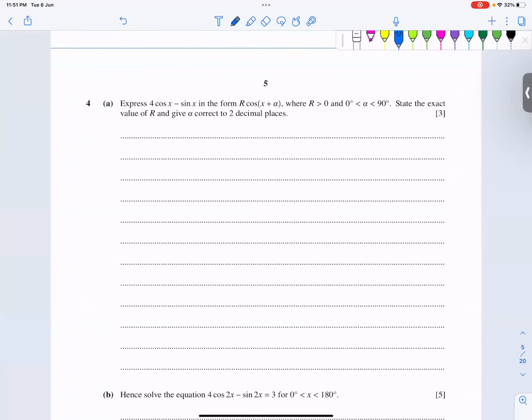The fourth question is: express 4 cos x minus sin x in the form r cos of x plus alpha, where you have to find the values of alpha and r. So just equate 4 cos x minus sin x equals r cos of x plus alpha.